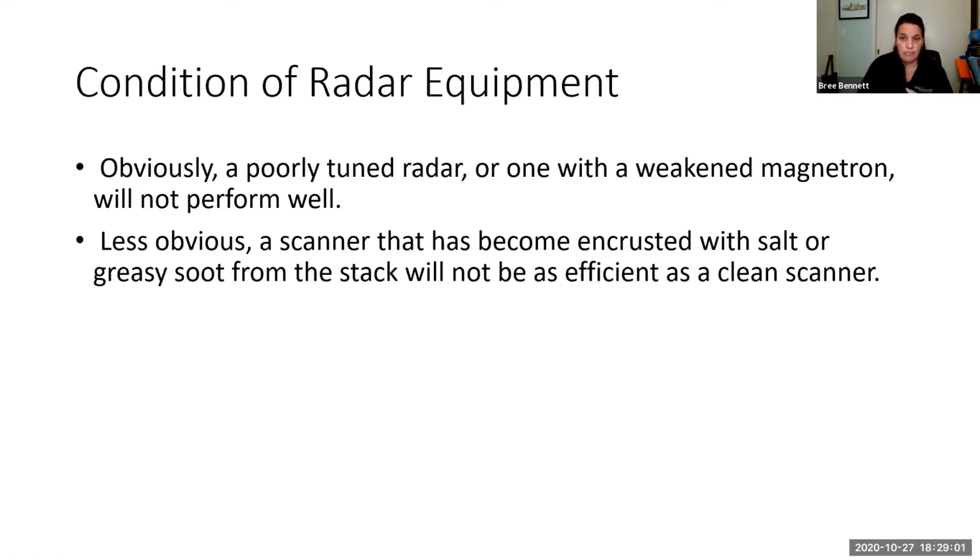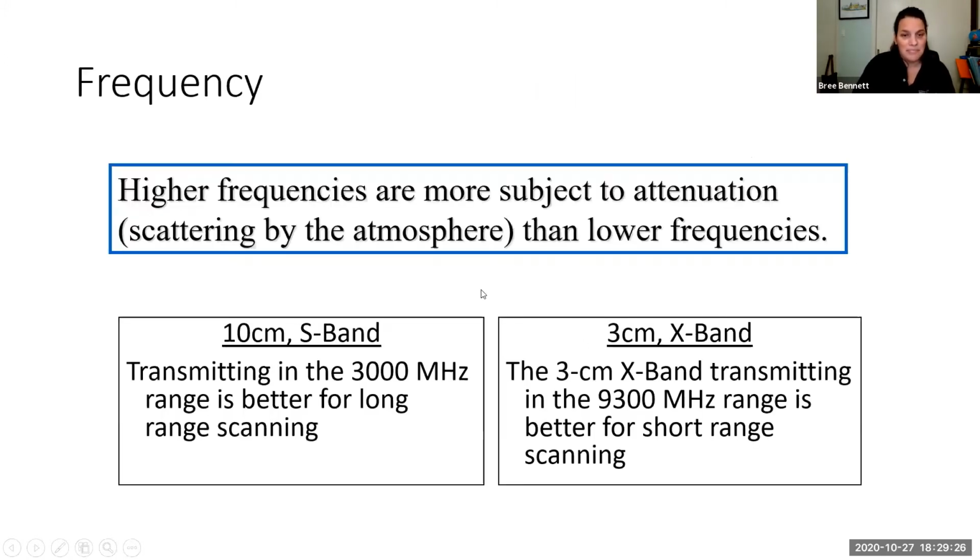Is it greasy? If there's a film around that radar antenna, it's going to be a lot harder for those weak echoes to come back. So we've got to make sure everything is maintained. Hopefully we maintain our boat pretty well, so we're good.